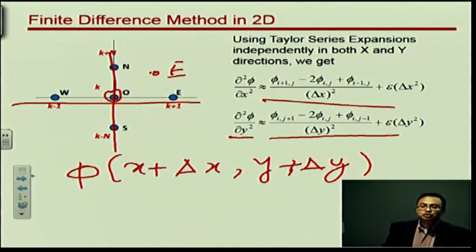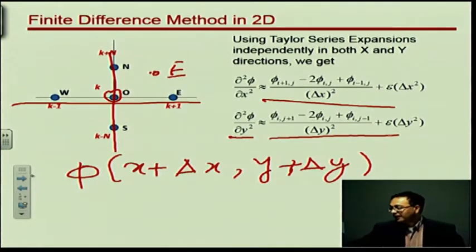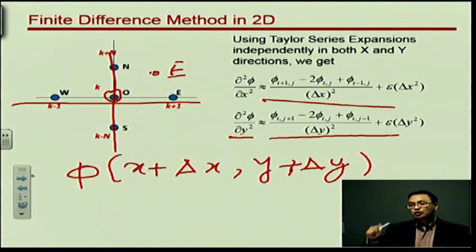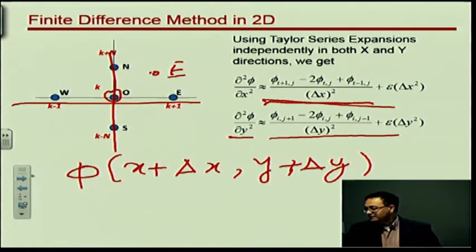It's a two-dimensional Taylor series expansion then, automatically. What has happened by virtue of the fact that east is exactly on the same x line as naught is that delta y is 0. So even though you do a two-dimensional Taylor series expansion, all the y derivatives have dropped out because delta y is 0. So essentially it reduces to a one-dimensional Taylor series expansion, and you get back these expressions.